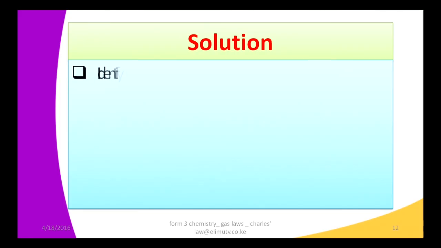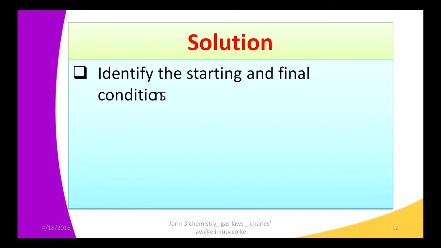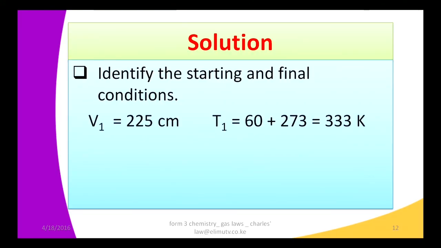Step one: identify the starting and the final conditions. Condition 1 is the starting condition, and condition 2 is what we are going to. Volume 1 is 225 centimeters cubed. For T1, you are given 60 degrees Celsius. All temperatures must be converted to Kelvin. 60 plus 273 gives our temperature 1, which is 333 Kelvin.